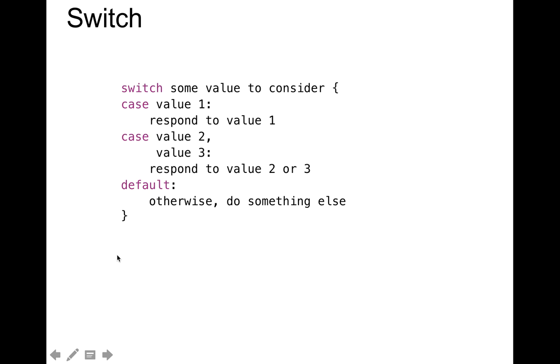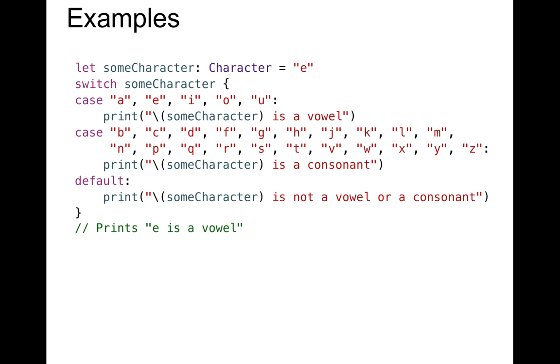So let's see the example. In this example, let someCharacter is the variable name, and this is the type, Character. This is the initialization: we put E into someCharacter. So switch here means switch on someCharacter. If it's the case A, E, I, O, U, it will print that it's a vowel.